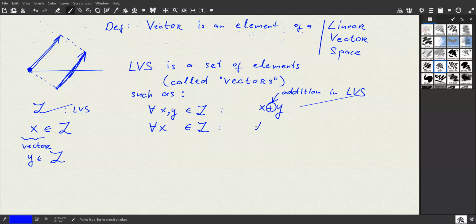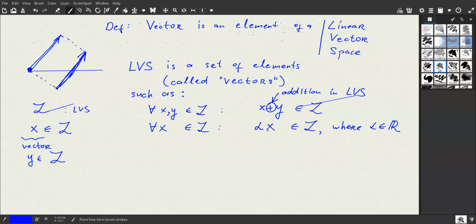So we have x plus y also belongs to this linear vector space, and alpha x belongs to this linear vector space, where alpha is any real number.